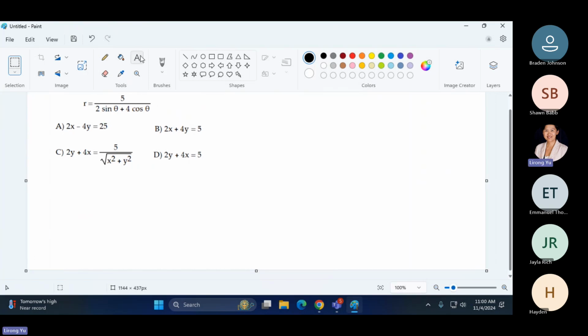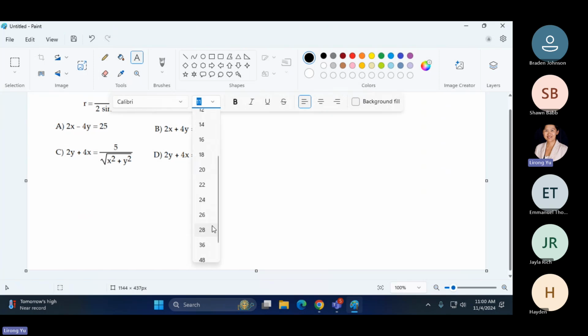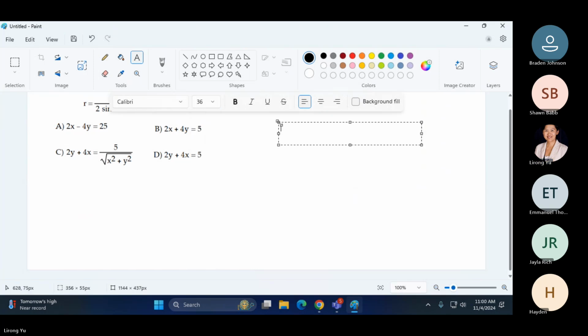Okay, so let's review what was the main idea in the conversion. It is to keep in mind the conversion formula.